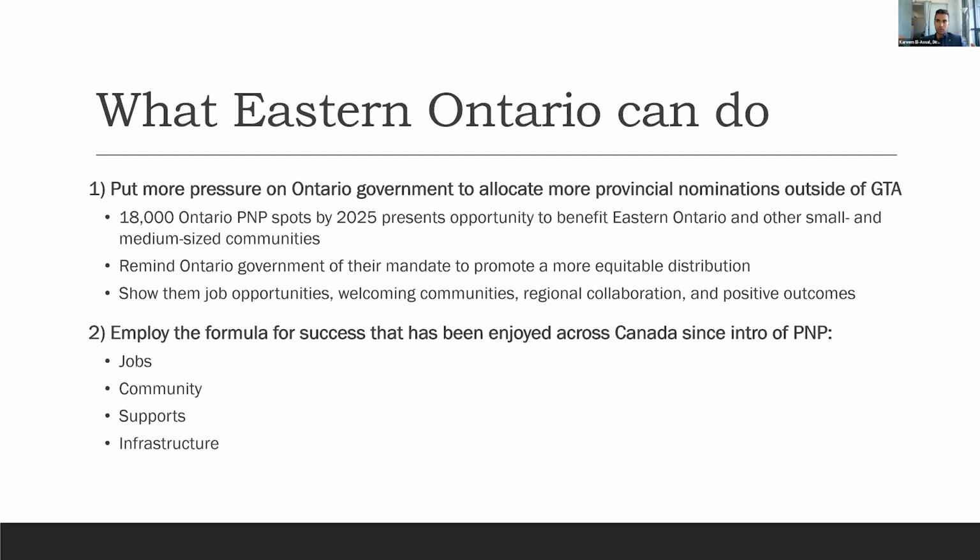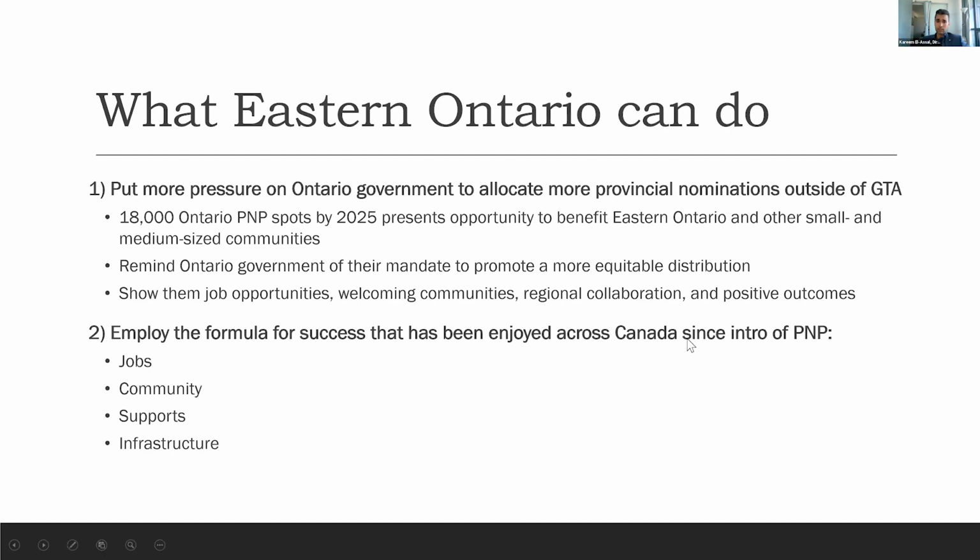So the province has this amazing tool at its disposal to promote a more equitable distribution of immigration across Ontario. They're not using it effectively, and they really need advocacy from smaller and medium-sized communities so that they can get the message and address this challenge.